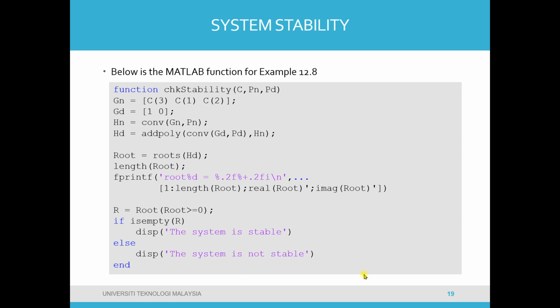This length basically determines how many roots you have. And then fprintf, the root percentage. This is the fprintf from chapter 2.